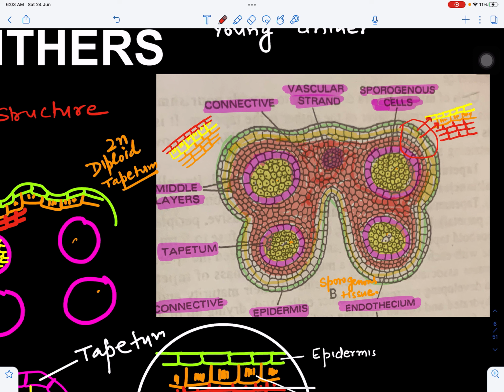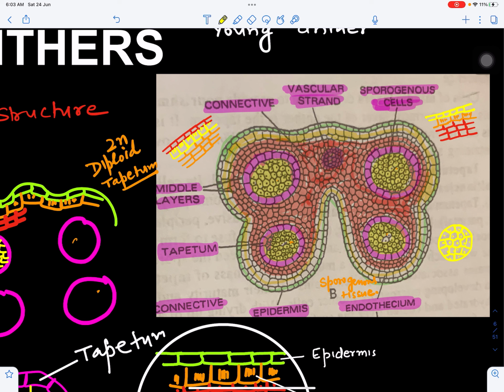And then if we see here, these four groups are of sporogenous tissue. So we can make the sporogenous tissue like this. We can make the diagram like this. We can complete it. This represents the sporogenous tissue.